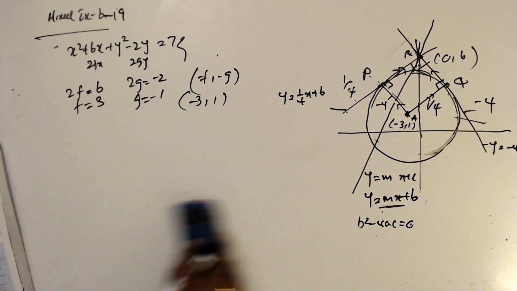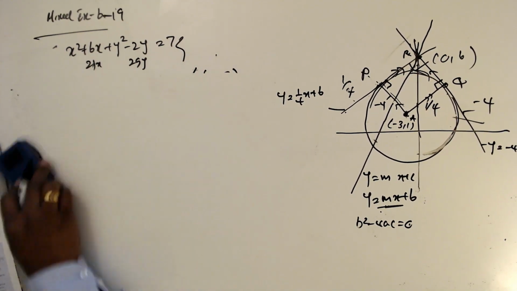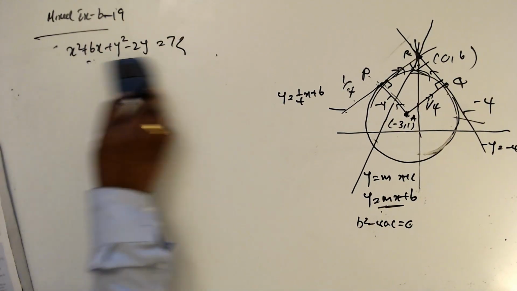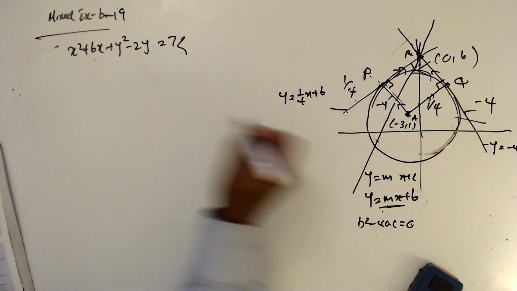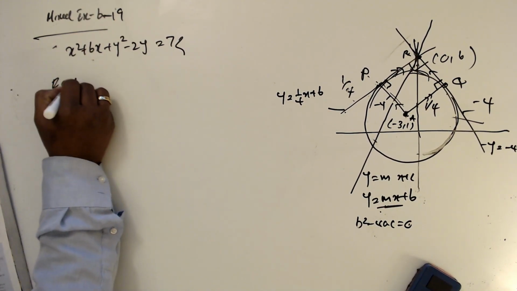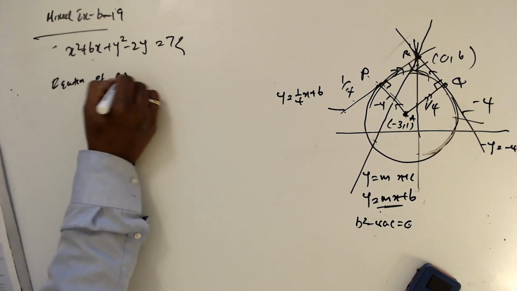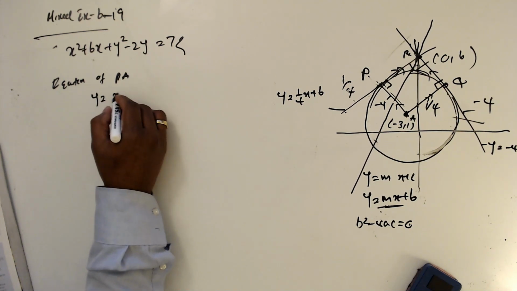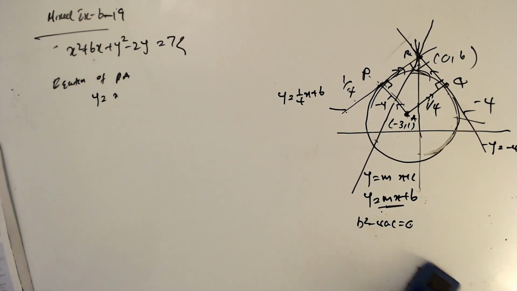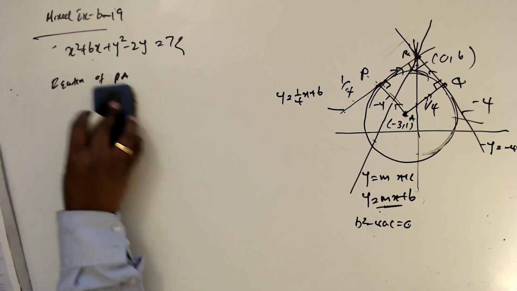Now we can find the equation of PA. We know the gradient now. So the gradient is minus 4.